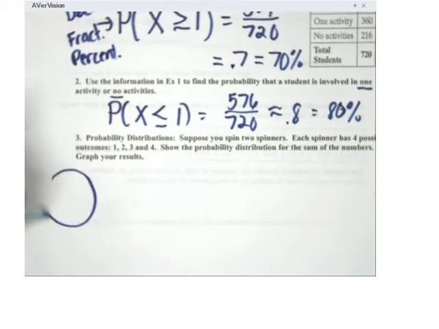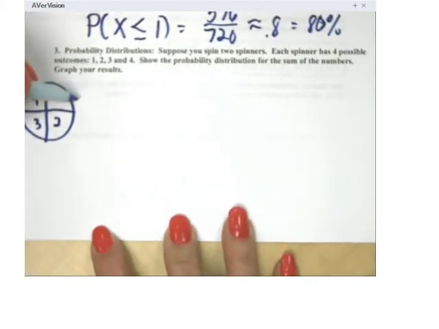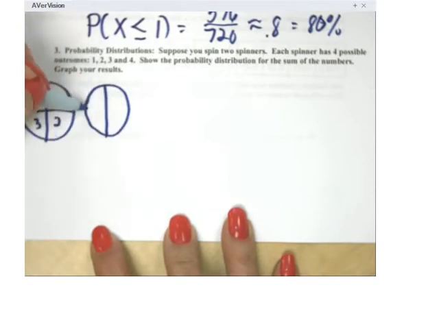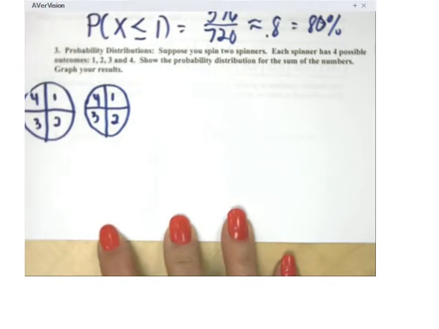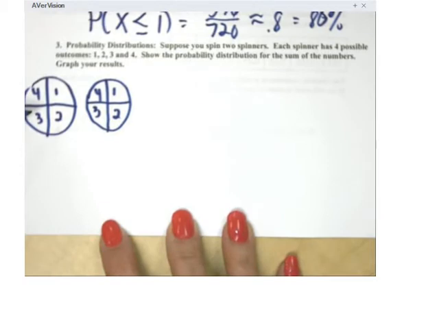So there's my first spinner, and again, we're going to assume the spinner is fair, so that each of these numbers is equally likely to come up when we spin. And here's my other spinner. Each of those numbers is going to be equally likely to occur, and the little spinner is going to spin around and hit each spot evenly. And we want to look at what the sum is.